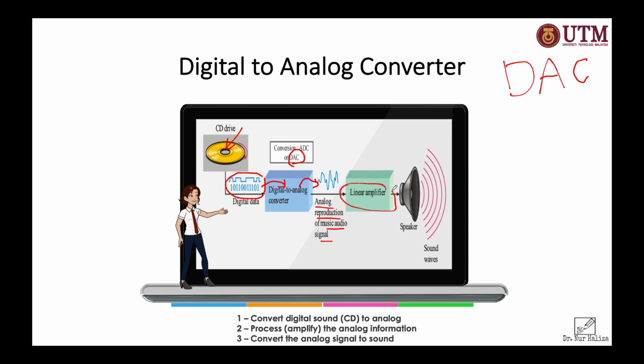Then of course you have an amplifier to make it sound clearer using a speaker, and it is a sound wave, or analog. This is how you convert digital signals to analog signals or sound.